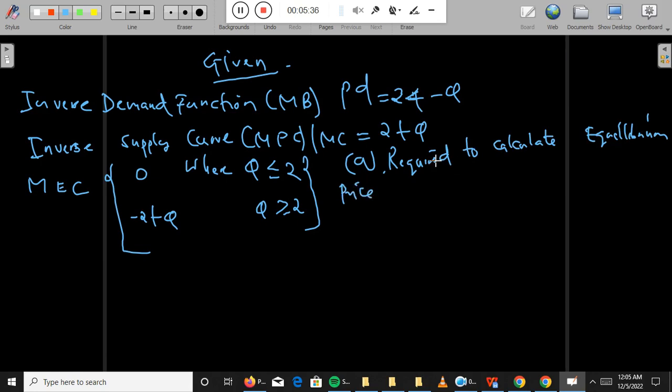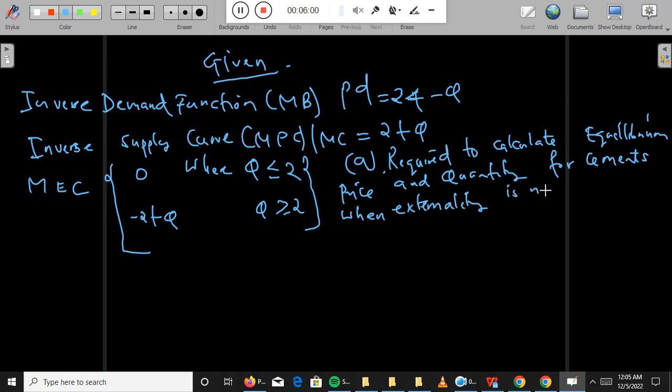So in part A, we are required to calculate the equilibrium price and quantity for cement when the externality is not yet mitigated. In order to solve for the price and quantity at equilibrium, we need to equate the marginal private benefit with the marginal private cost.